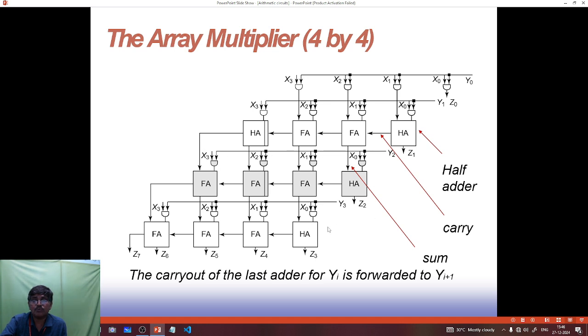Like that it is processing. Wherever there are 2 inputs we use a half adder circuit; if there are 3 inputs we use a full adder circuit. These are the partial products, and finally we get the outputs Z0, Z1, Z2, Z3, Z4, Z5, Z6, Z7. This is the final answer for the array multiplier.